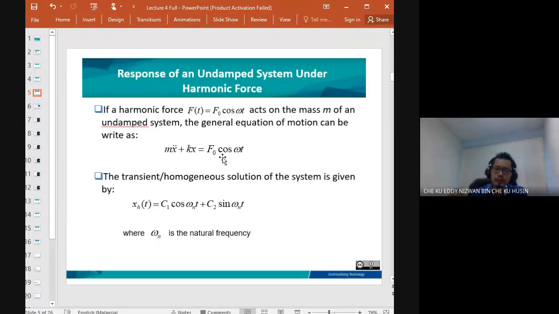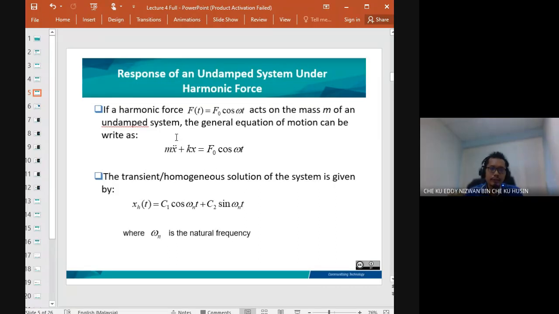So we go for the harmonic excitation because this is the commonly induced force on the system. It is related to the frequency of excitation, because we want to study the resonance phenomena and so on, the effect of the frequency of excitation on the vibration response.